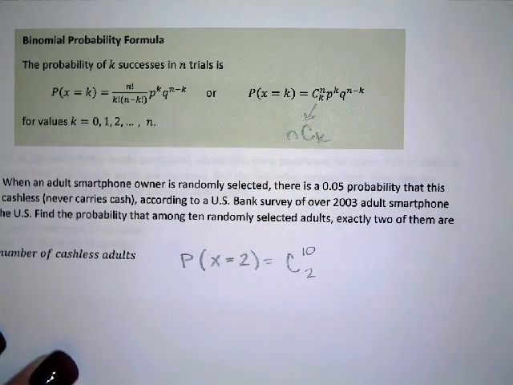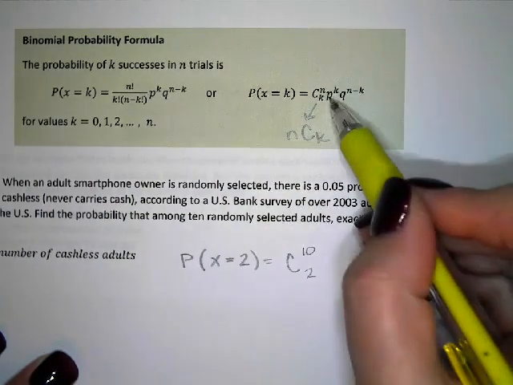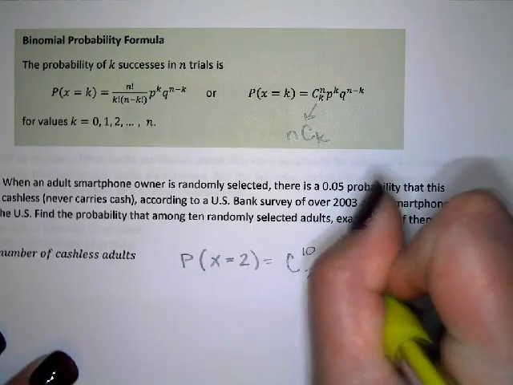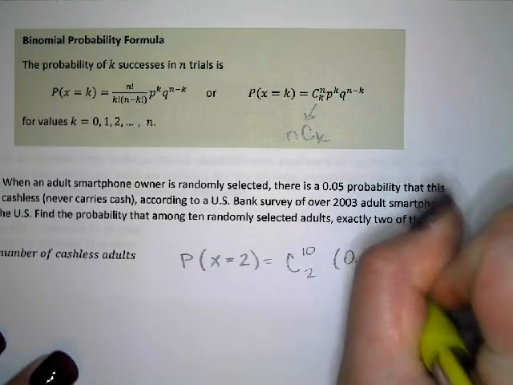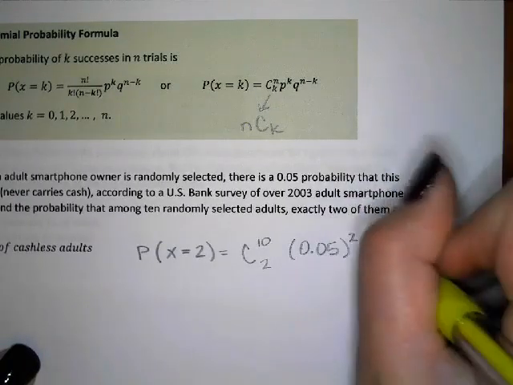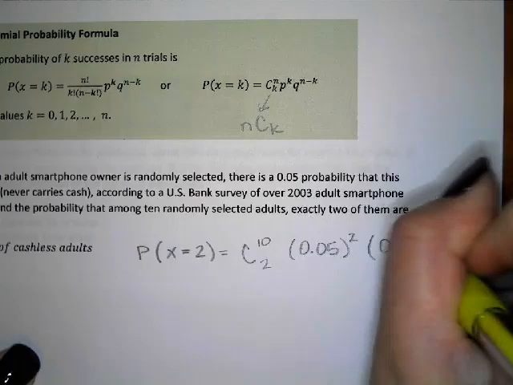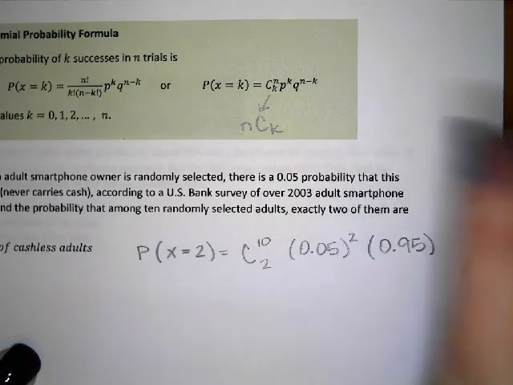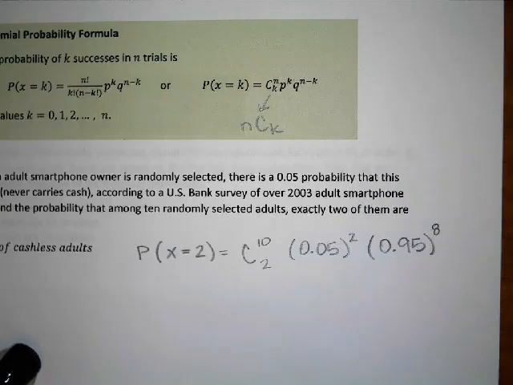And then it's P to the K, so the probability, which is 0.05, 2 cashless adults. And then the complement, and then N minus K, so 10 minus 2. So to the adults who are the failures or the ones who would carry the cash.